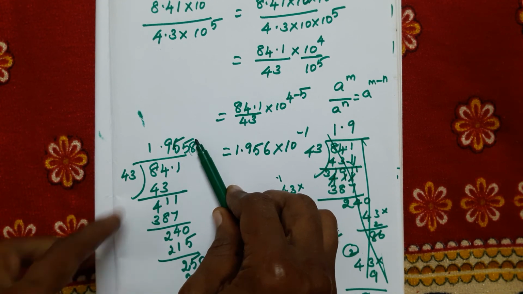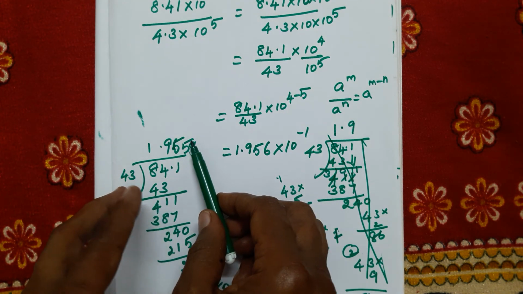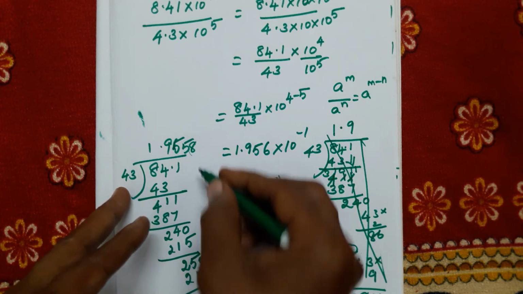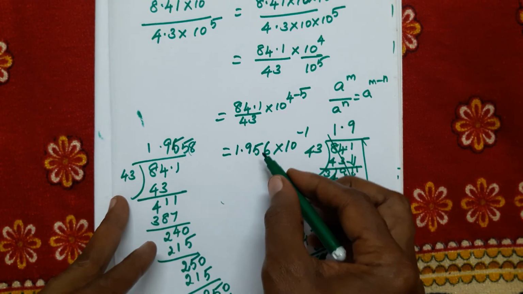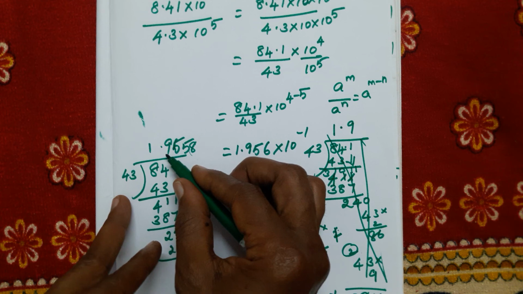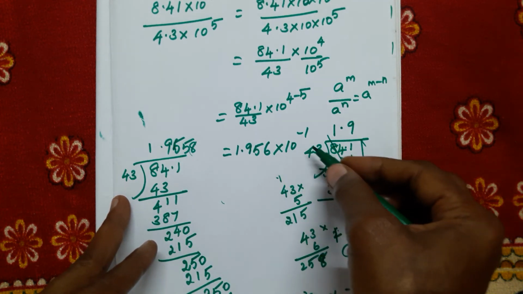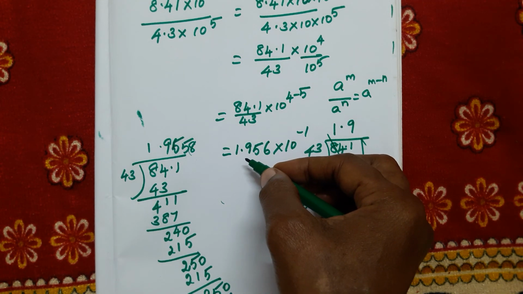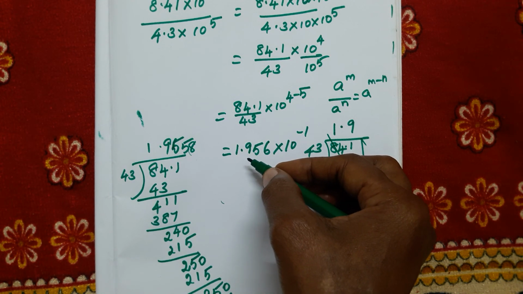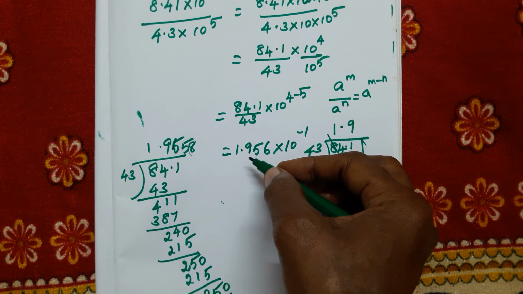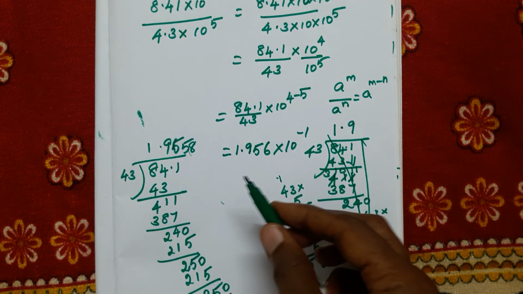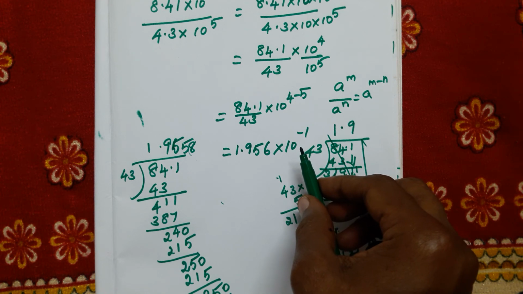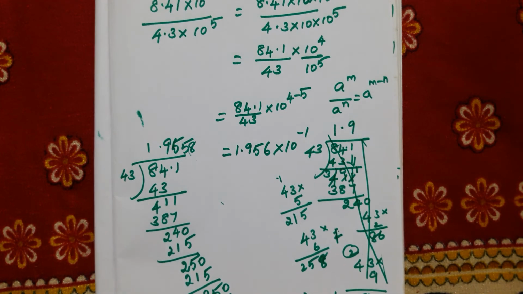When we are rounding up into 3 places of decimal, we have to add one more: 5 plus 1, we will get 6. So we can write 1.956 into 10 power minus 1. Is it in scientific notation? Yes. So we can write the same, 1.956 into 10 power minus 1. Have you all understood this?